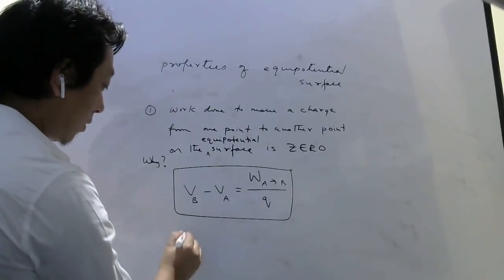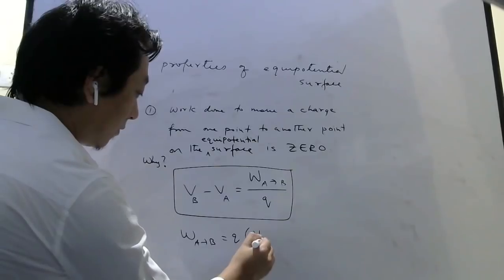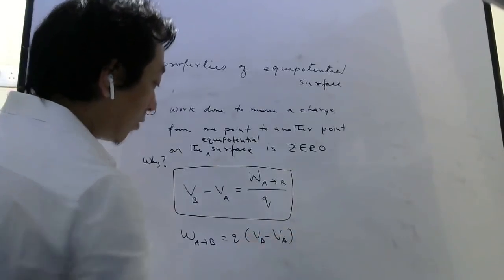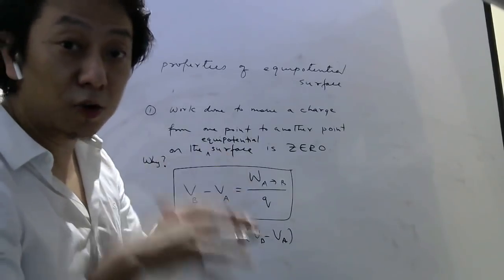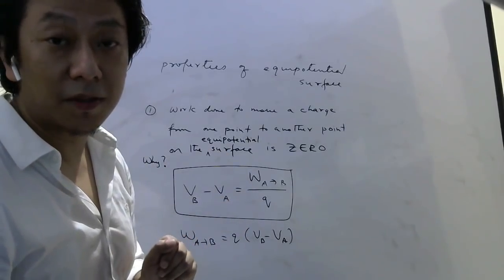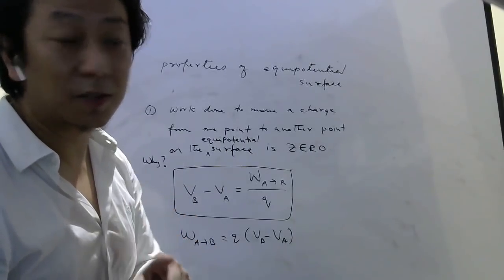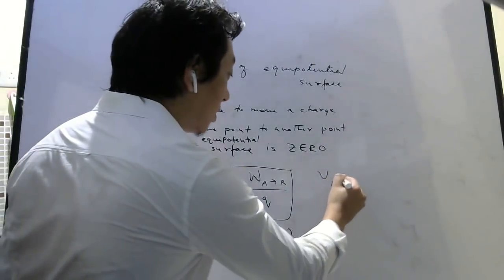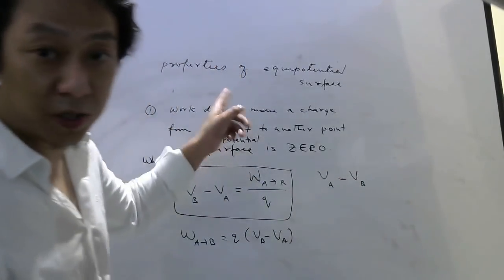So work done from A to B will be Q into potential difference. Now if the points A and B are on an equipotential surface, then potential of A must be equal to potential of B, because that is the definition of equipotential surface.